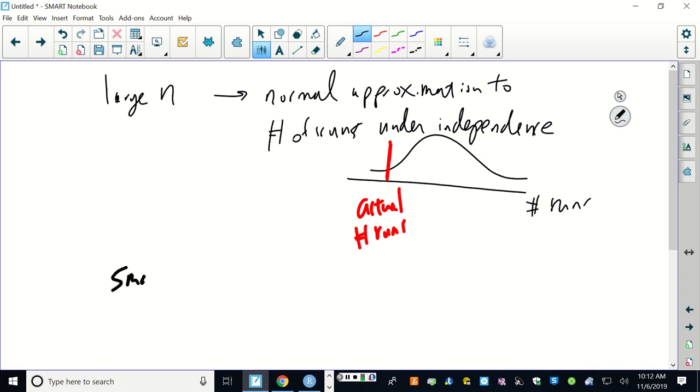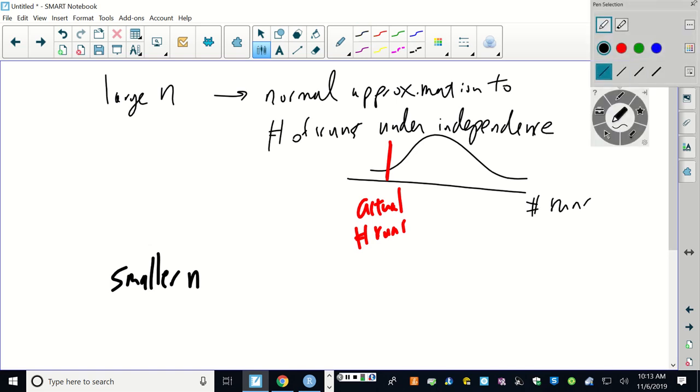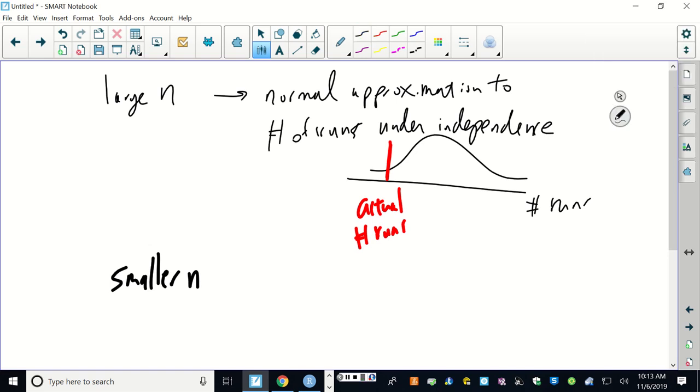If you have a smaller value of n, so you don't really want to use a normal assumption, you could either calculate all the runs or sample something like 10,000 possible sequences.